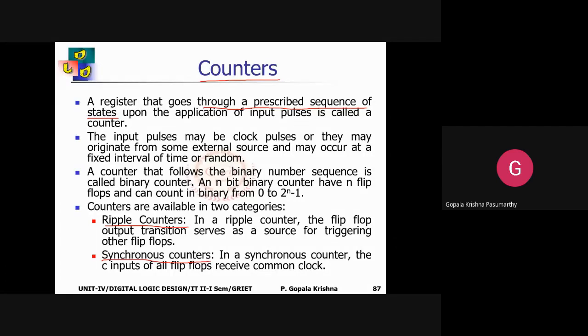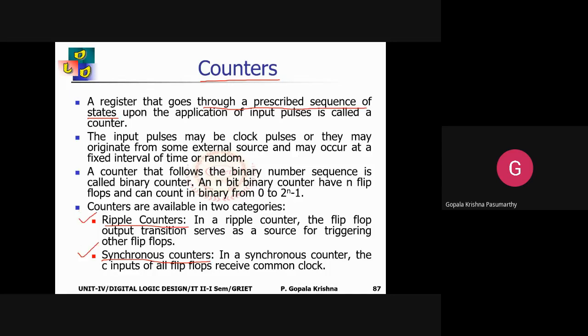If you take an odd counter, it counts 1, 3, 5, 7, 9, 11, and so on. If you take a BCD counter, it counts 0, 1, 2, 3, 4, 5, 6, 7, 8, 9. Because BCD numbers end at 9, it goes back to 0. So the counter's nature depends on what sequence it is counting. This is how they were designed.